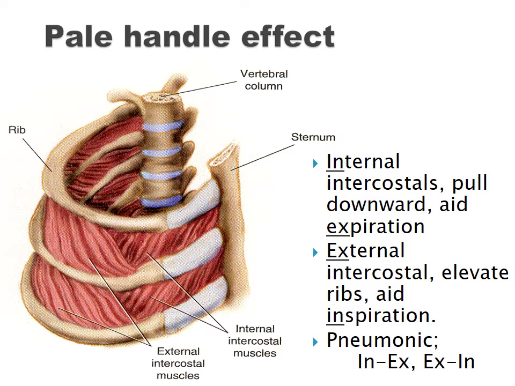The mnemonic to remember, intercostal muscles. Internal intercostal muscles aid in expiration. External intercostals are for inspiration. So the mnemonic is in, ex, in. Internal for expiration, external for inspiration. Again, just intercostal muscle.